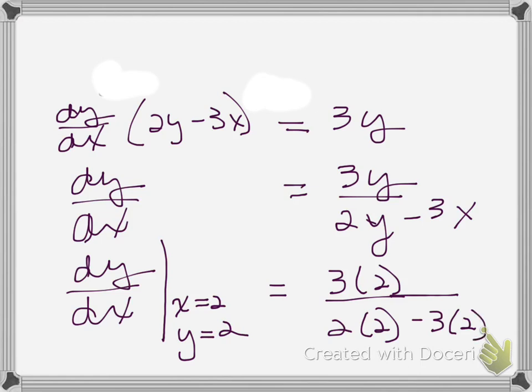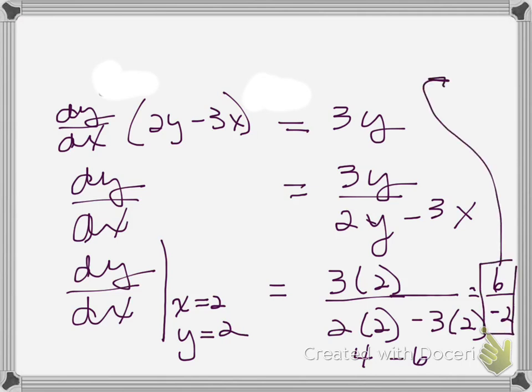Okay, what does that equal? Well, 3 times 2 is 6, and then I have 4 minus 6, which is minus 2. So it looks like this slope will be minus 3.